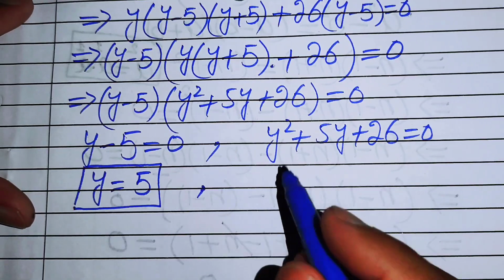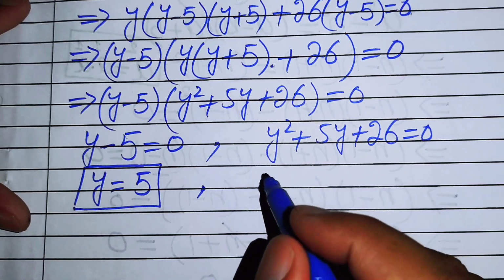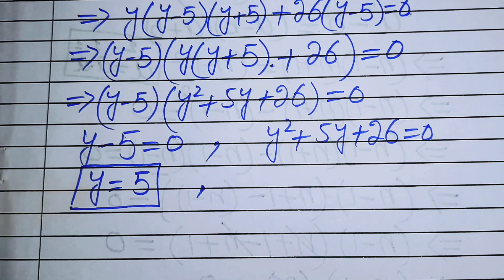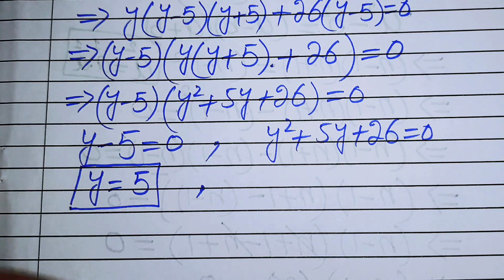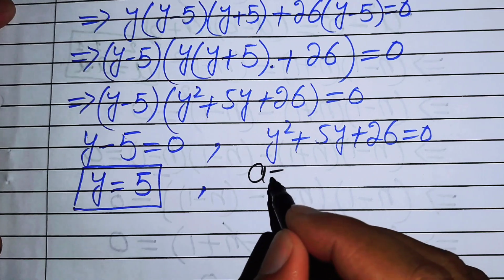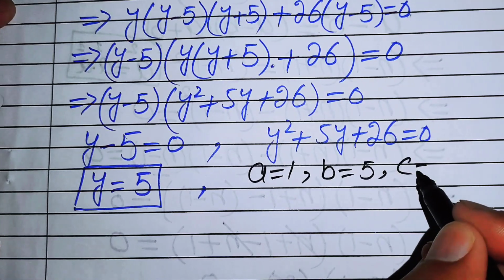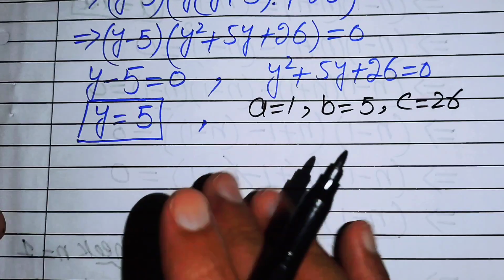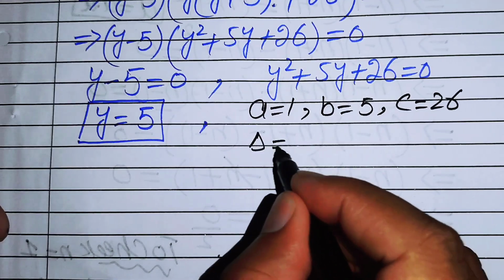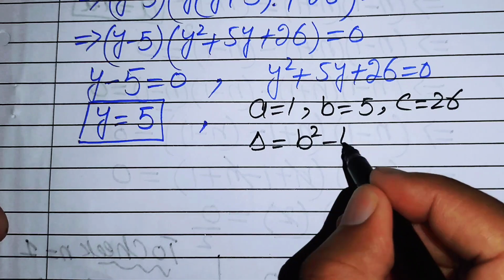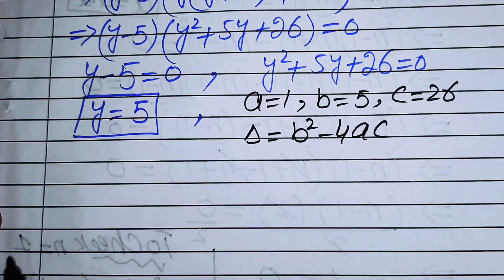First I can check whether this quadratic equation has real roots or not by applying the discriminant formula. Here we have a is equal to 1, b is equal to 5, and c is equal to 26, and our discriminant formula is delta is equal to b squared minus 4ac.